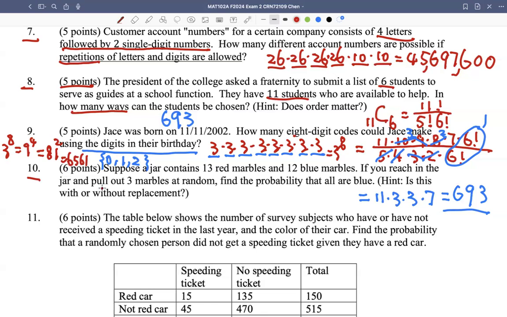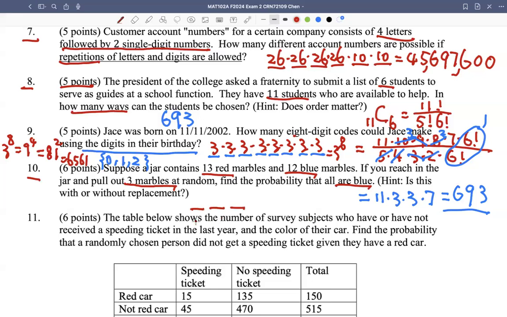Question 10 was 6 points, saying a jar contains 13 red marbles and 12 blue marbles. If you reach in and pull out 3 marbles at random, what is the probability that all 3 are blue? All 3 are blue. Okay. So we have 3 marbles, so we have 3 probabilities.